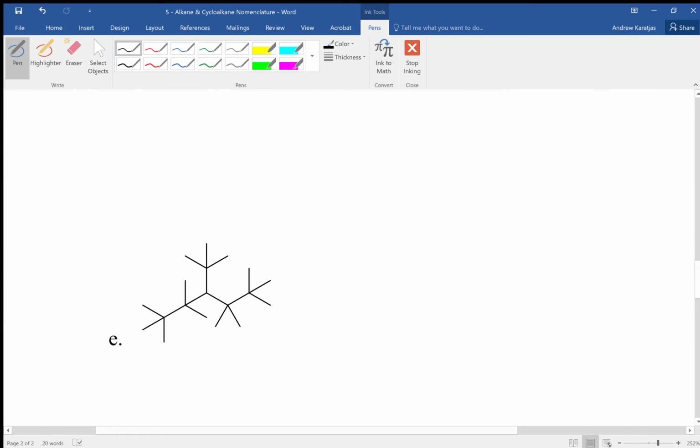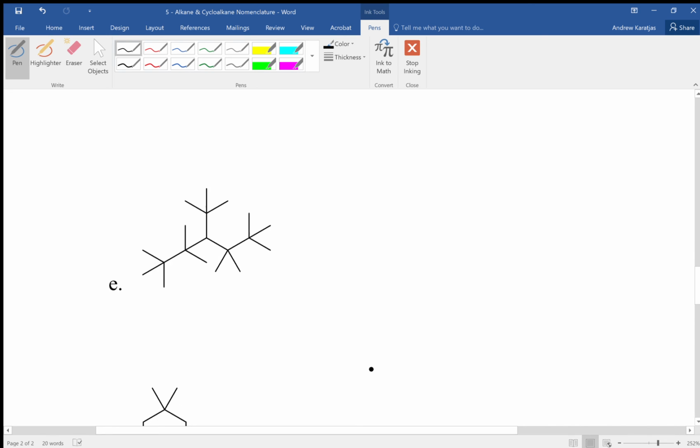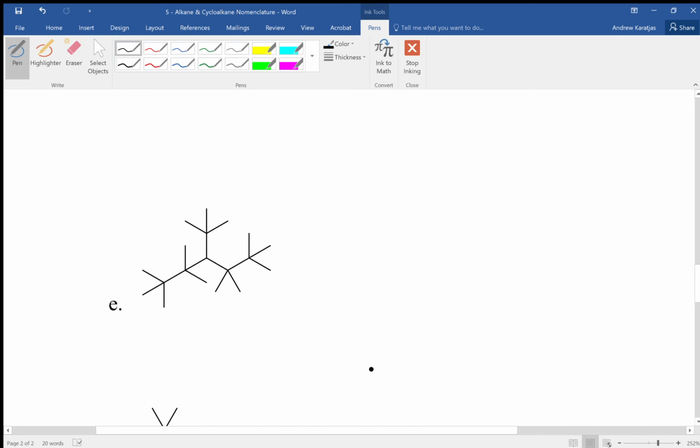Alright, we have one more to do. This is one of those ones that looks really awful until you actually get into it, and then you realize it's not that bad. So our longest chain here we can see comes right down the middle.